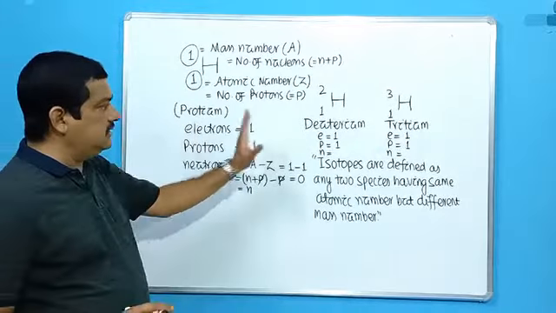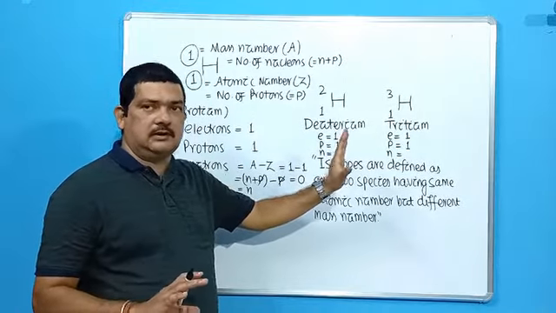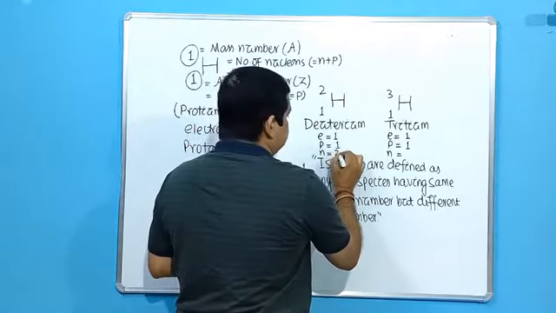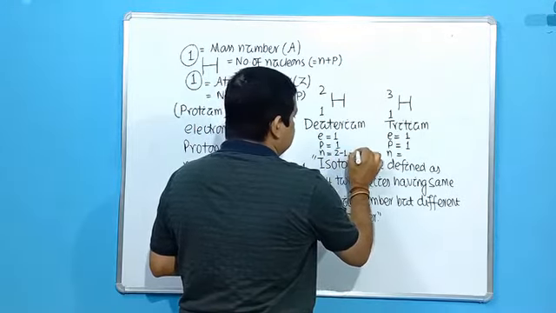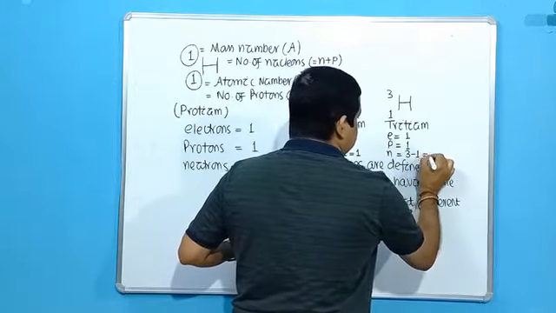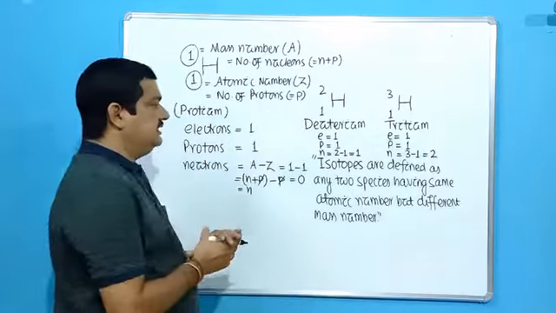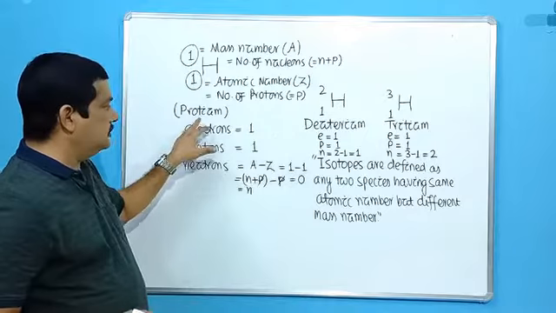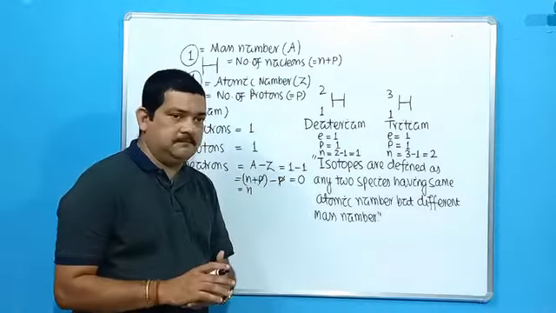So when the atomic number is not changing, the number of electrons and protons are not going to change. Then neutron, it is 2 minus 1, that is 1 in this case. It is 3 minus 1, that is 2 in this case. So this is the number of electrons, protons and neutrons in protium, deuterium and tritium.